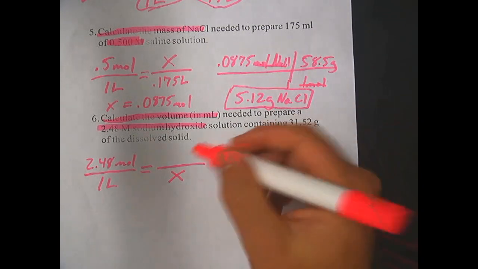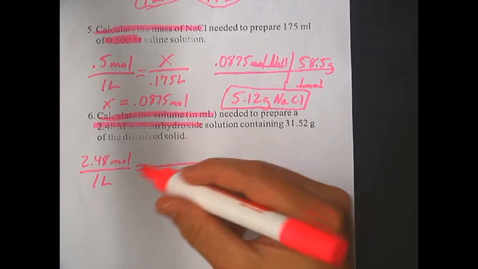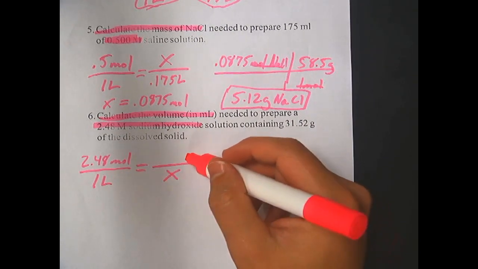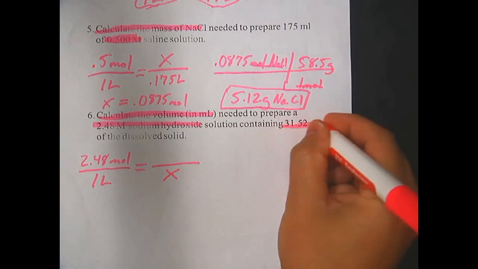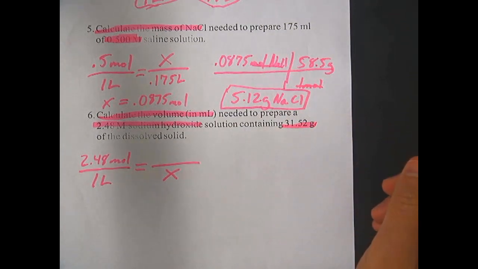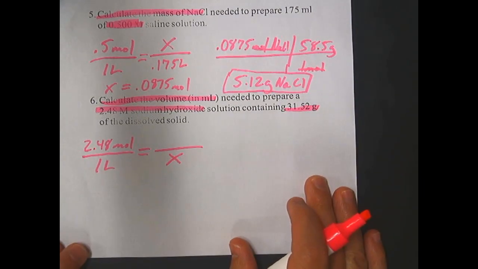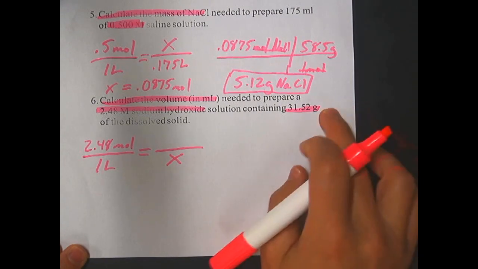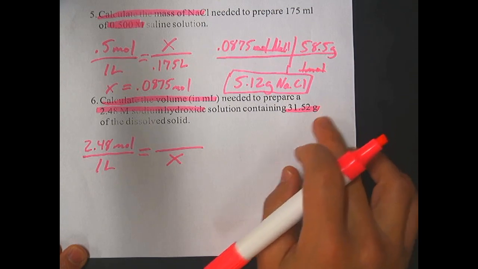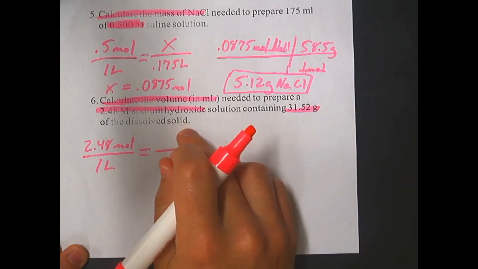But what goes here? Moles, right? It has to be number of moles. What am I given? I'm given grams. So in this problem, guess what we have to do first? That's right. You guessed it right again. Wow, good guessers. We got to convert these grams to moles first, then plug it in here.